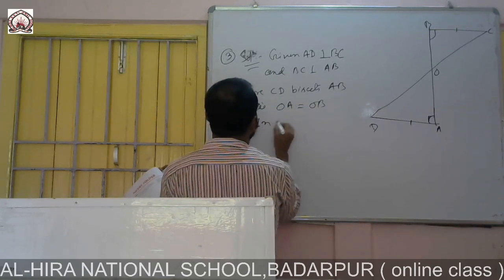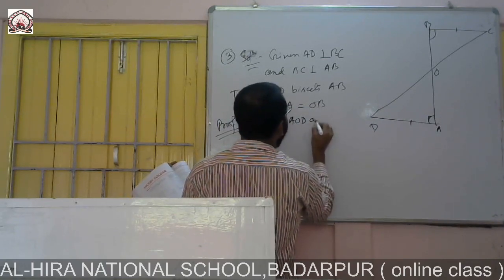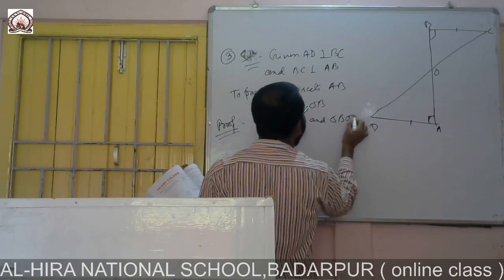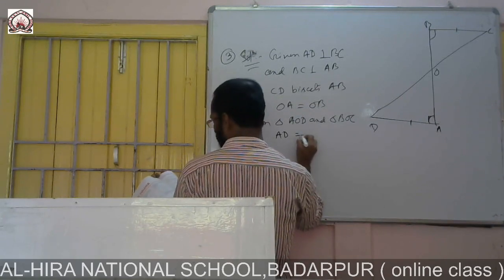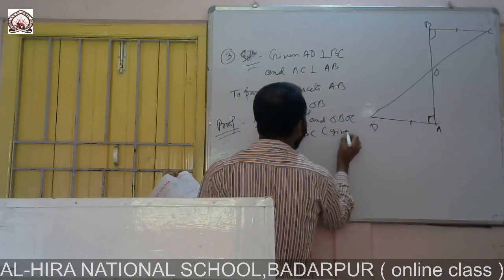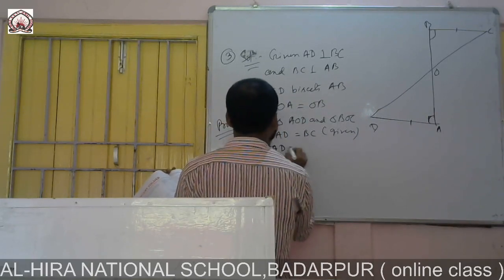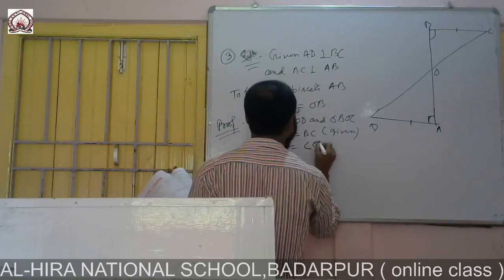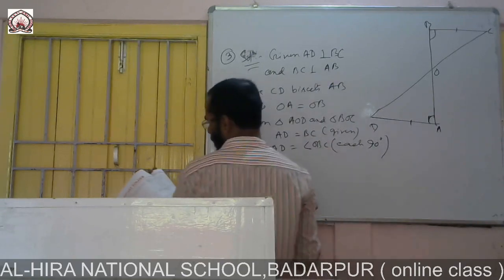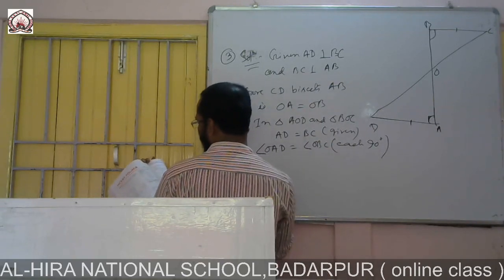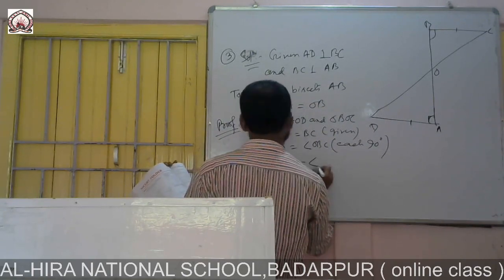So in triangle AOD and triangle BOC, you see here AD is equal to BC, this is given in the question, and angle OAD is equal to angle OBC, because each is 90 degrees, and angle AOD is equal to angle BOC.